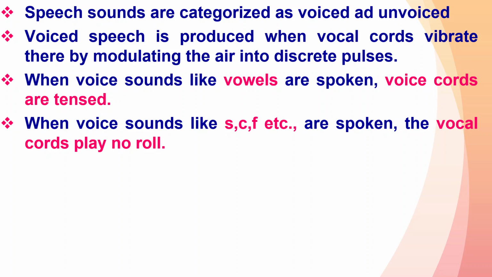When the vocal cord is tensed, for example, if you speak vowels A, E, I, O, U, the vocal cords will be tensed, compressed. When you sound some alphabets like S, C or F, the vocal cord will not be tensed, it will be a light one.